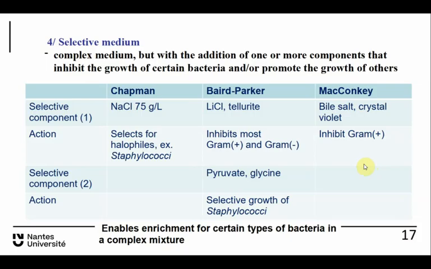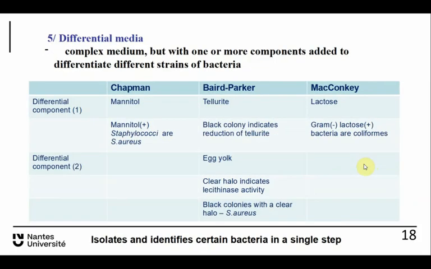Now, a lot of selective media are also differential, and that means they contain some other component which will cause a color change for some particular types of bacteria. Okay, so in Chapman agar, the differential component is the presence of mannitol. So mannitol-positive bacteria that can ferment mannitol will reduce the pH of the agar and cause a color change.